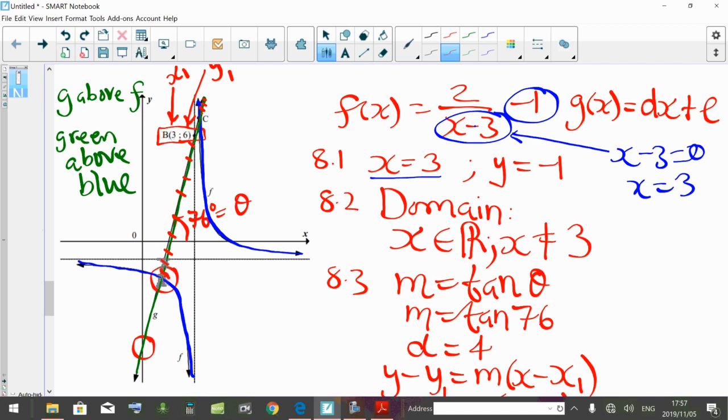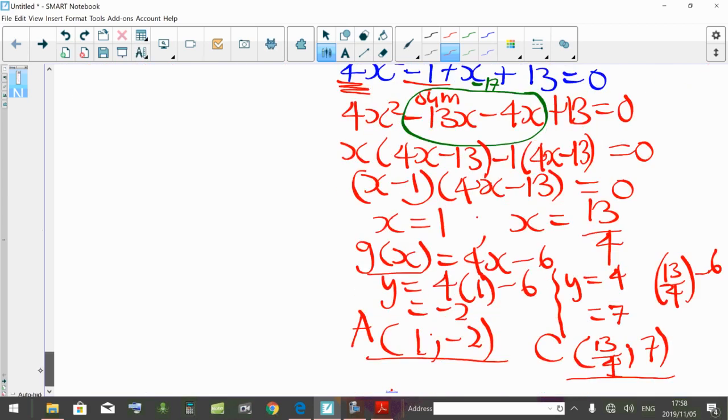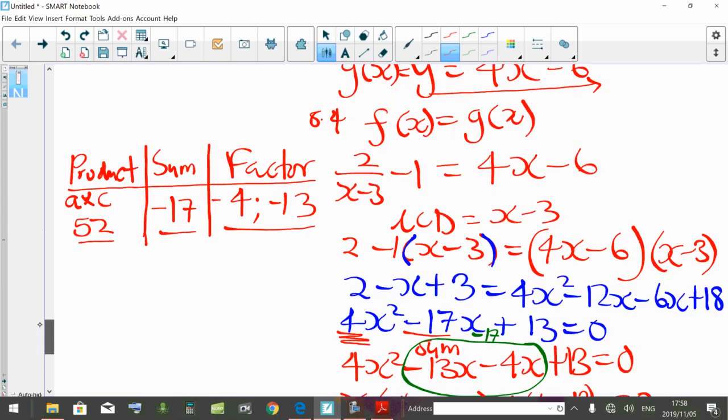I obviously need to know the coordinates of this point, which happens to be A. Remember, I calculated A, and I found that x is equal to 1 here. And at this point, x is equal to 13/4.